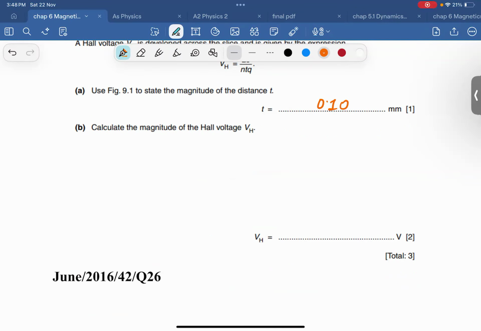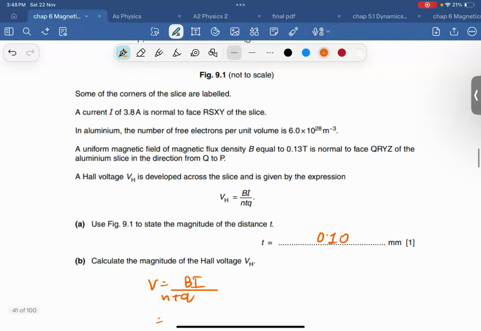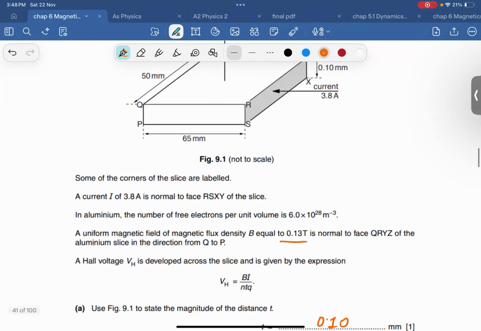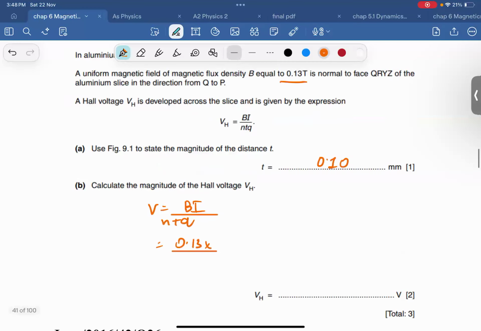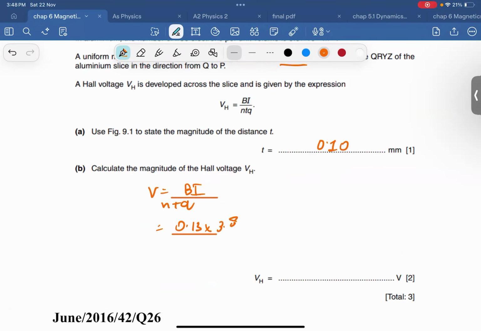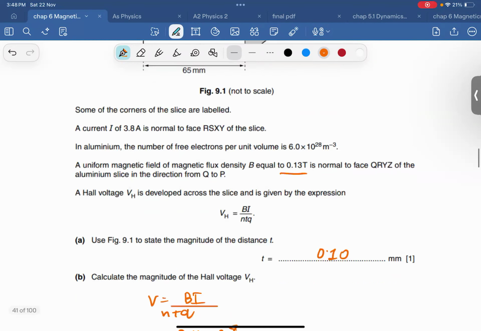Calculate the magnitude of the Hall voltage. For that, we can use V equals BI over nTq. The magnetic field is mentioned as 0.13. The current is mentioned as 3.8.